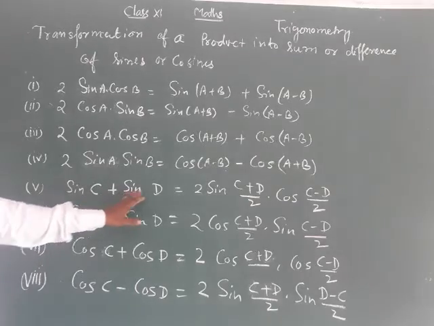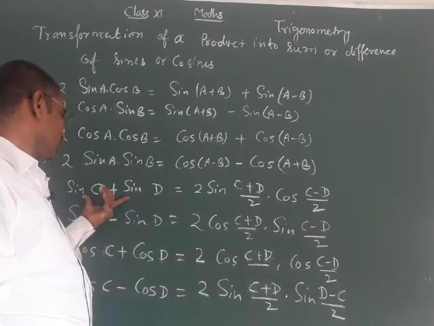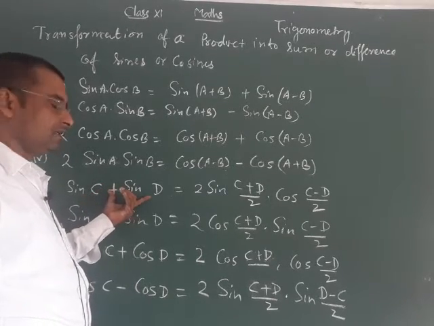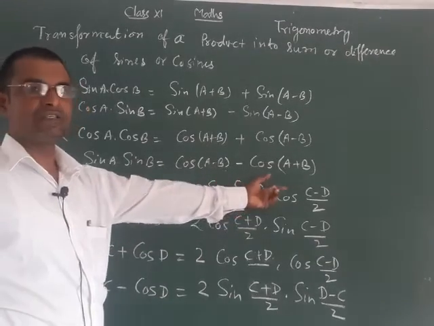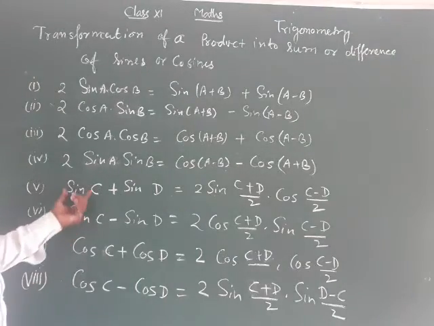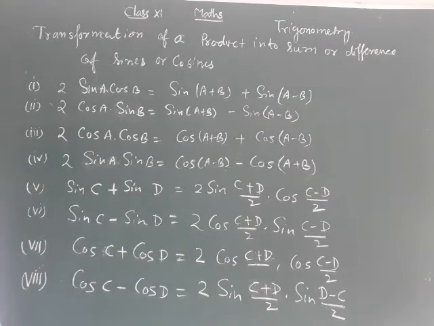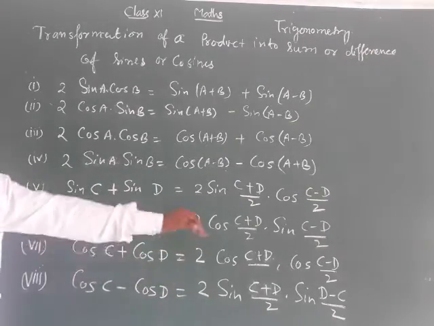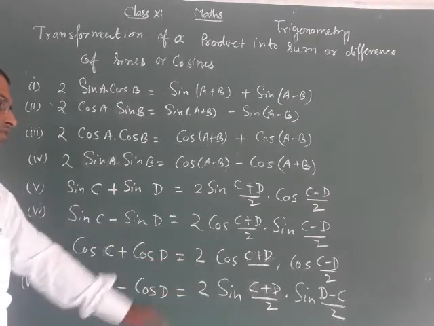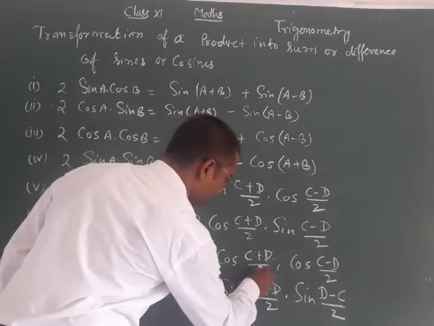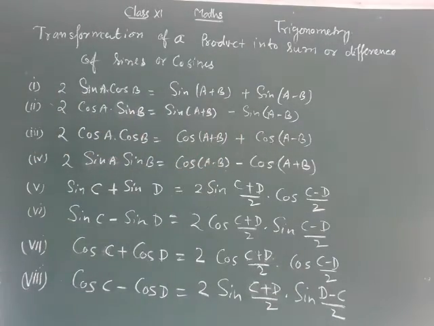And sin C plus sin D, sum of two ratios, is equal to 2 sin((C plus D) by 2) into cos((C minus D) by 2). Also sin C minus sin D is equal to 2 cos((C plus D) upon 2) into sin((C minus D) upon 2). And seventh, cos C plus cos D is equal to 2 cos((C plus D) upon 2) into cos((C minus D) upon 2).